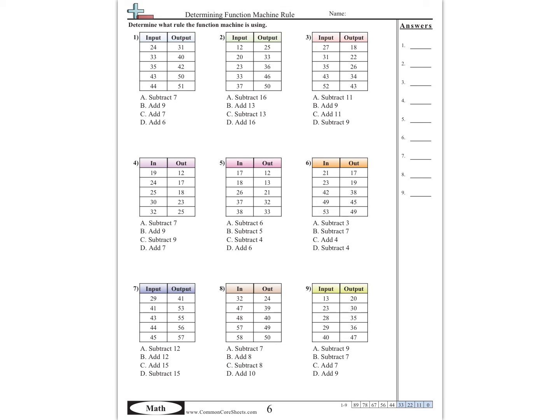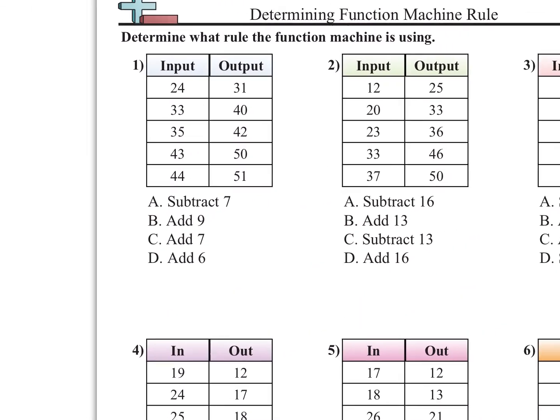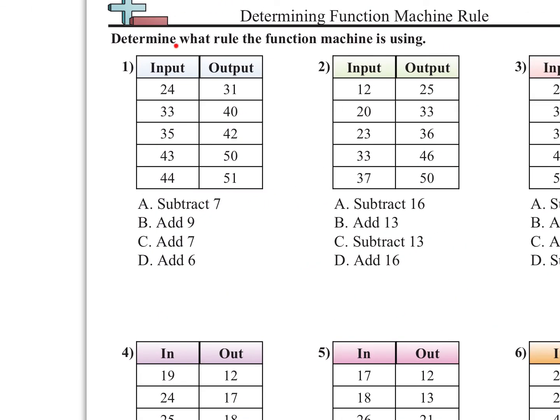Okay, this is another multiple choice where we're determining what rule the function machine is using. So we've got some input going in here, and the machine is giving us some output over here. So from 24, it's going to 31. What's our rule? It looks like we're increasing each time from 35 to 42, 43 to 50.